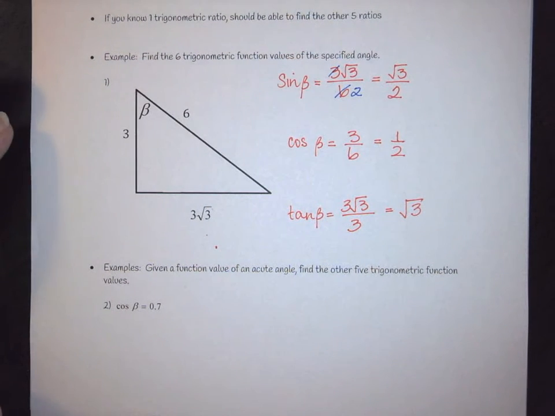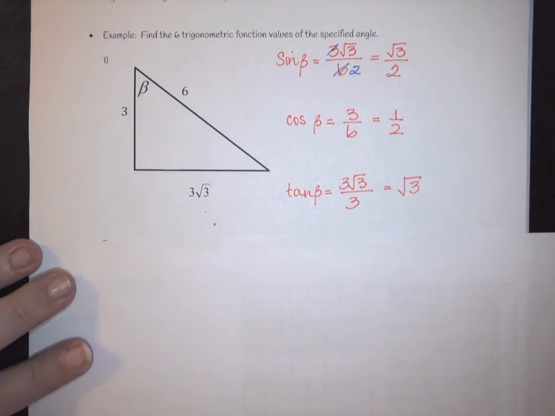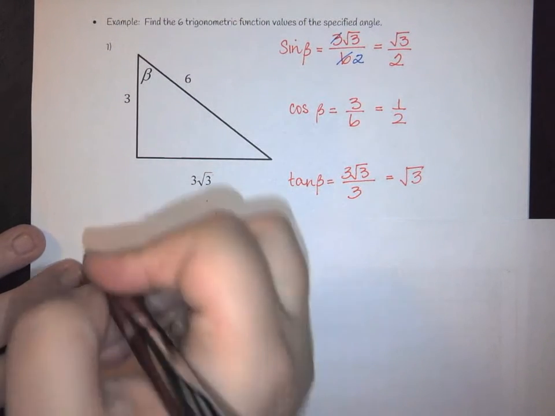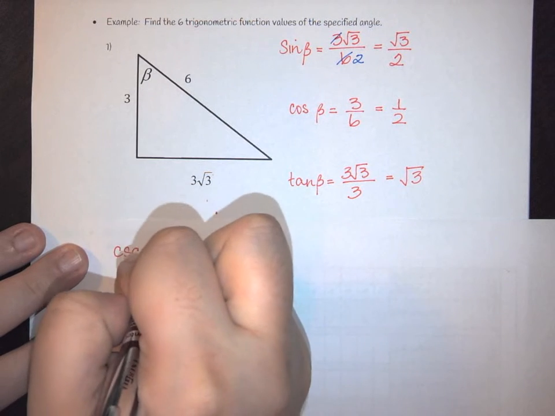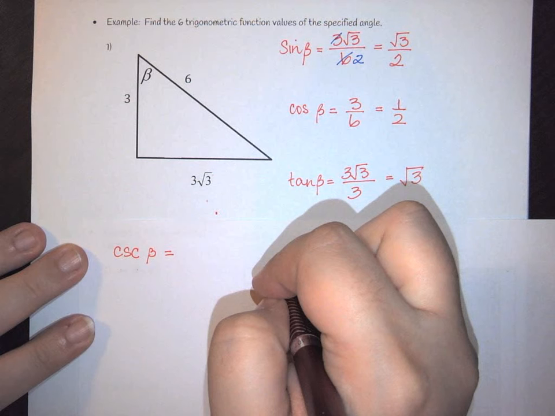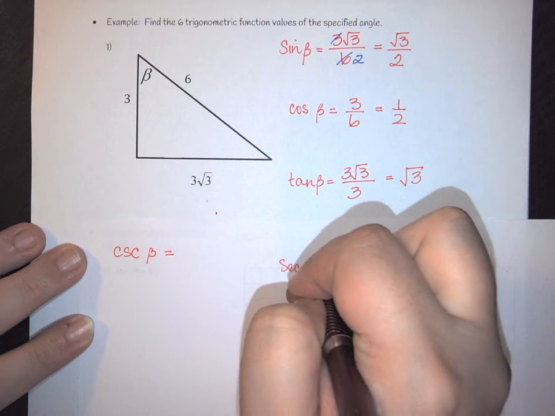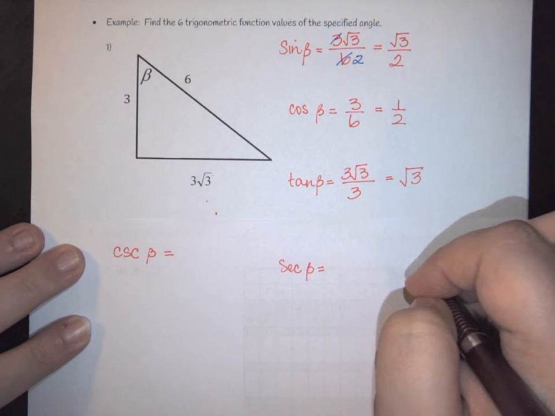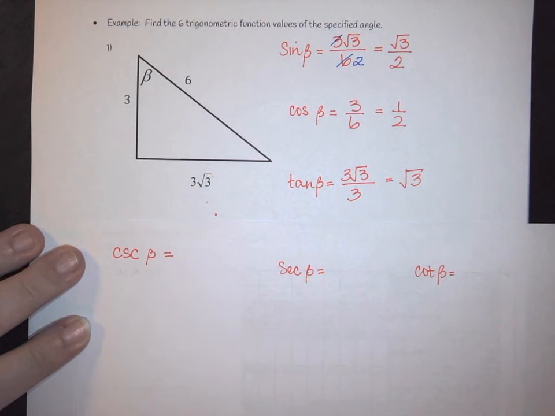So we have to remember when working with your trig functions that we also have your cosecant, so the cosecant of beta. We have the secant of that beta, and we have the cotangent of that beta.